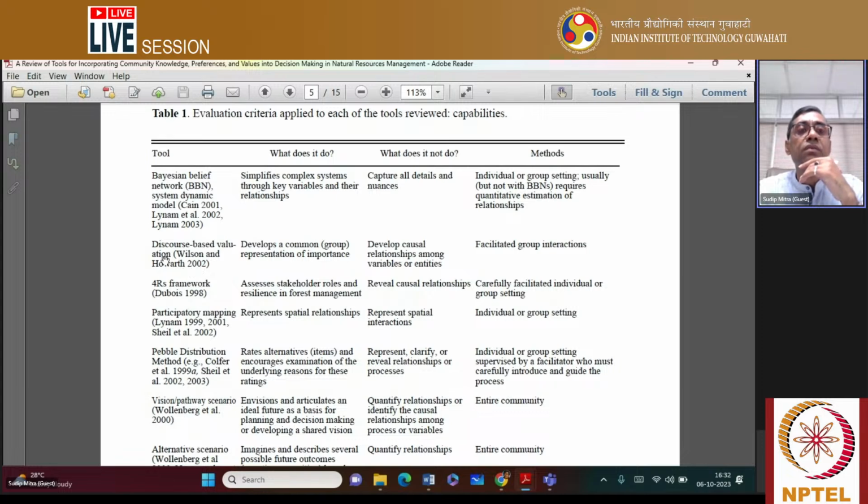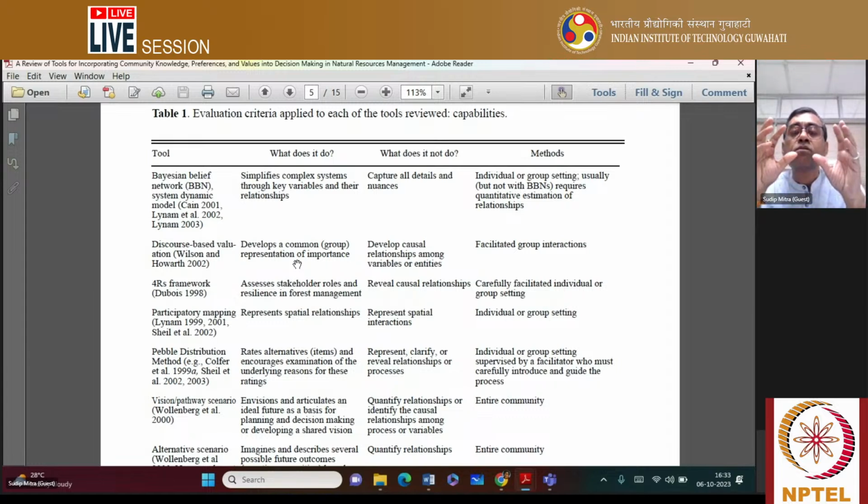The second one is discourse-based valuation. Here it develops a common representation of importance. On the basis of the importance of a particular variable of an ecosystem, it represents that during your decision-making process.